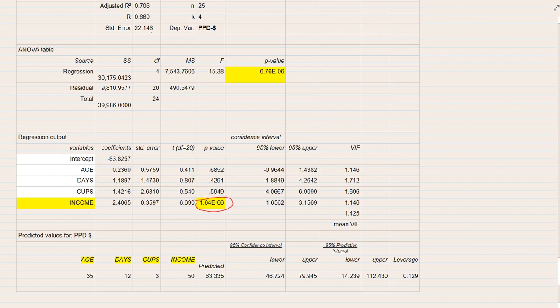And then here's our confidence interval for each of these coefficients. So for example, when we say for each additional year increase in age, you expect about 24 cents additional purchase on the card on average.